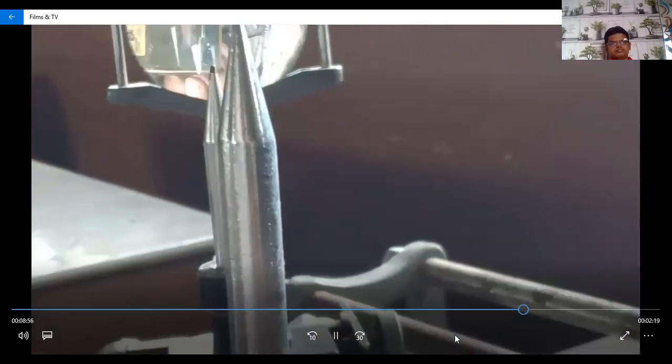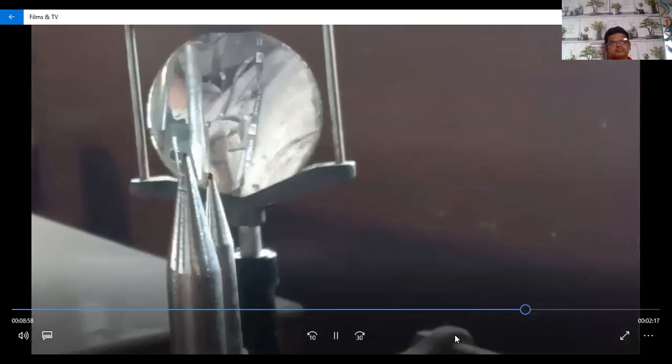After setting both pins, this pin and this pin, now we see here an inverted pin set like this. So you see here very clearly.